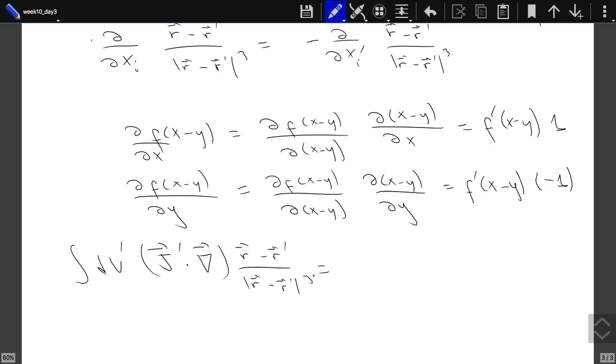Well, I just said that we can write it as minus the integral over the whole volume j prime dot, not the derivative with respect to the coordinates of r, but derivatives with respect to the coordinates of r prime, del prime of r minus r prime over r minus r prime cube.